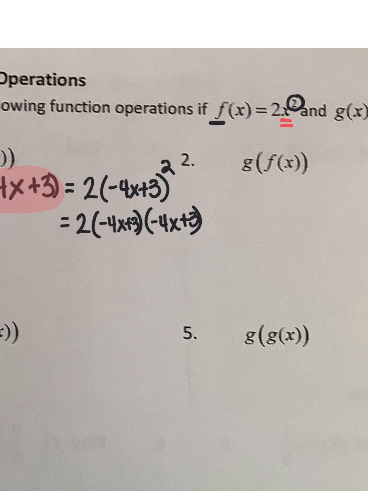Now for the next one, you're doing exactly that backwards. So you're going to take the f of x and plug it in first. So I keep my g, and then instead of the f of x, we're going to put 2x squared in there. Then this has to go into the other function where the x is.